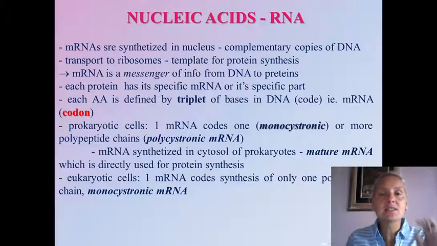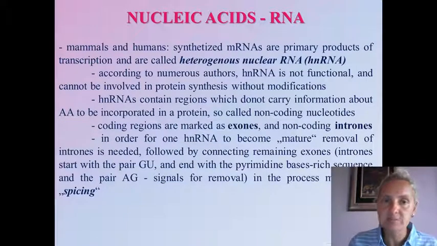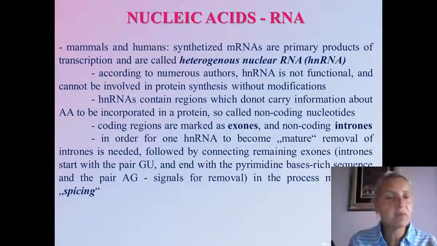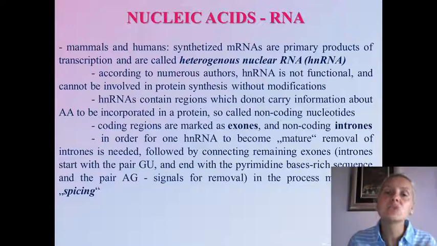So it's considered to be mature mRNA as it's synthesized from the DNA template. But in mammals and humans, usually the synthesized mRNA is just the primary transcript, the primary product, and it's called heterogeneous nuclear RNA. So it's just an initial molecule which is not functional, it cannot be involved in protein synthesis, but it has to undergo certain modifications to become mature and functional.